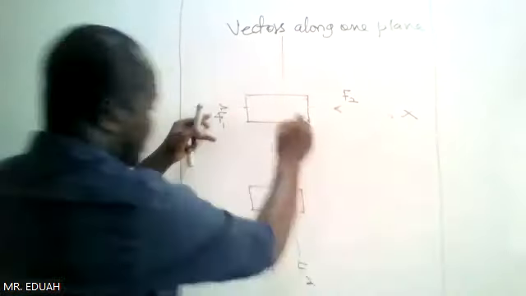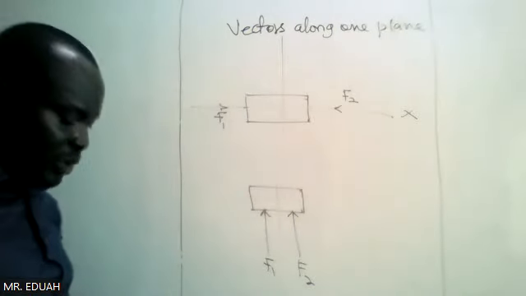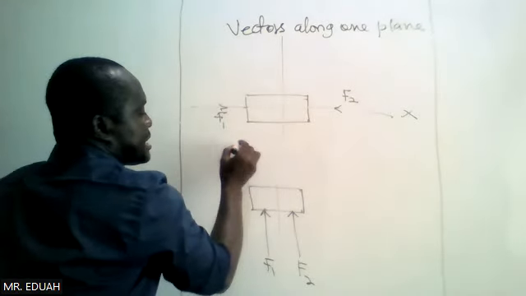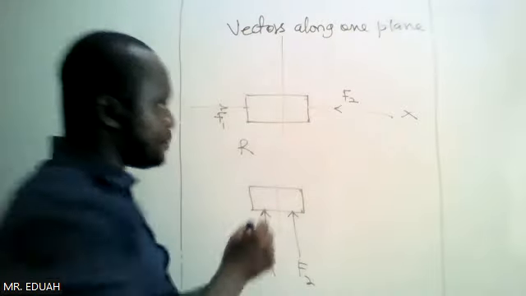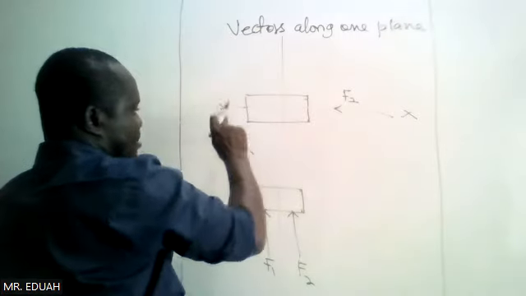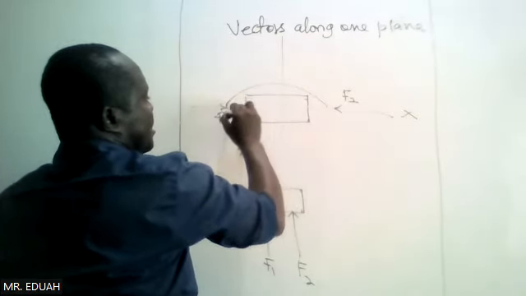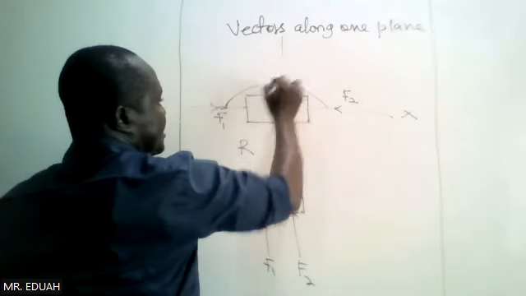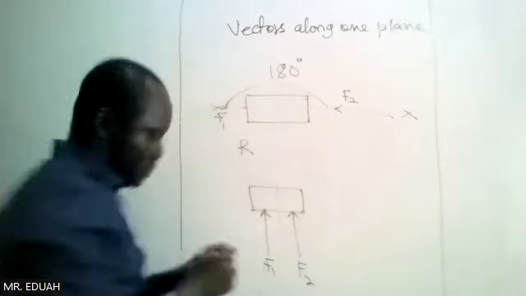If we have this situation, how do we determine the resultant? Last time we realized that since the forces are acting oppositely, the angle between F1 and F2 is equal to what? 180 degrees.